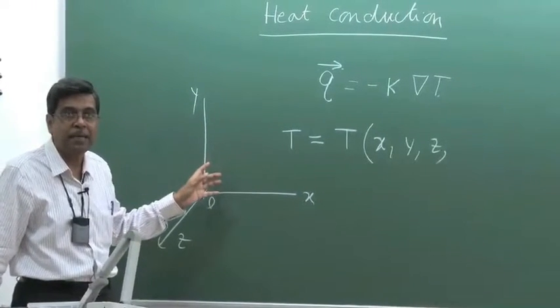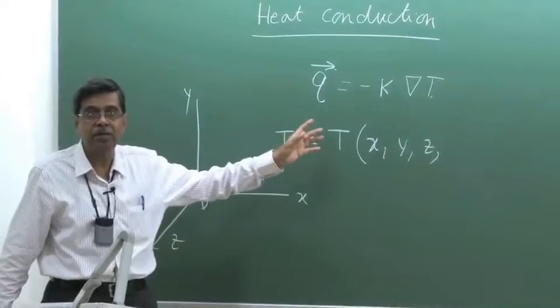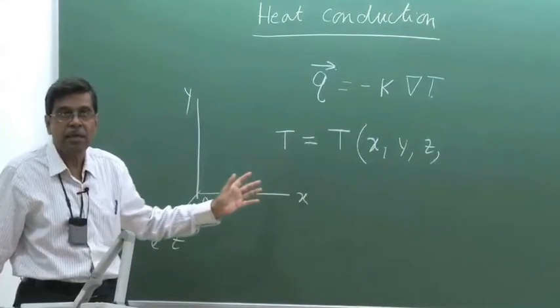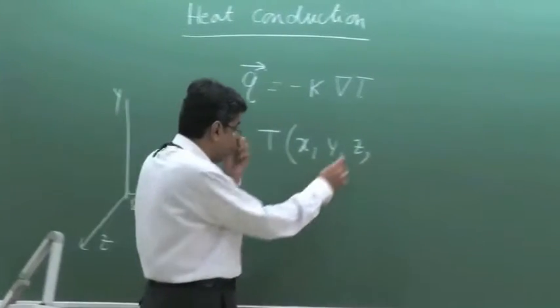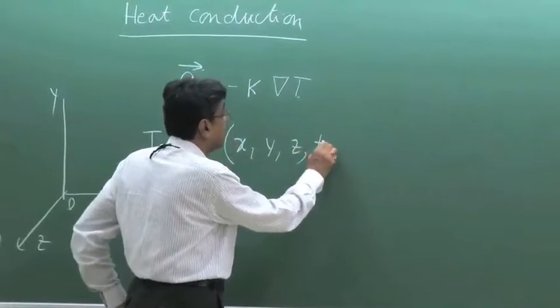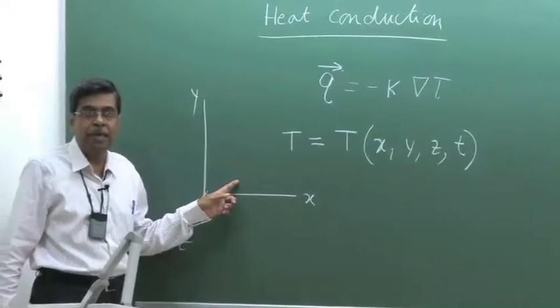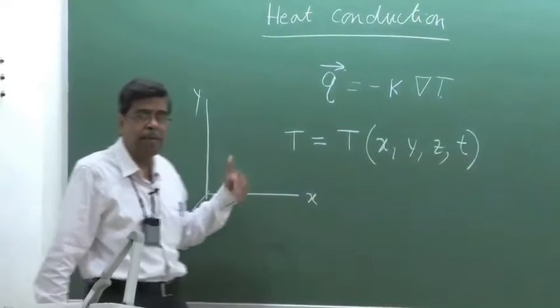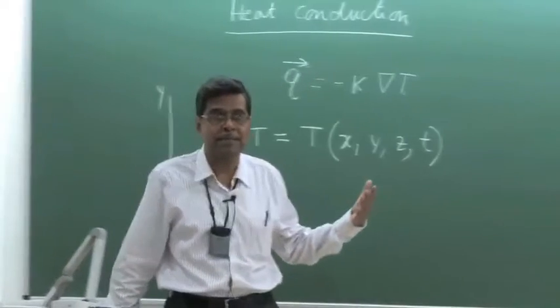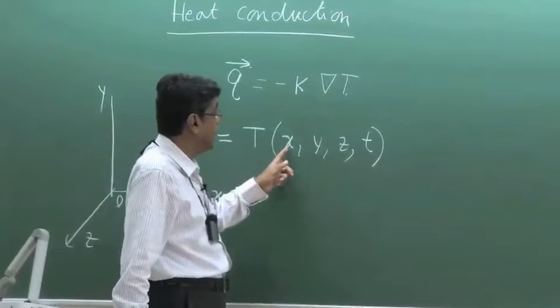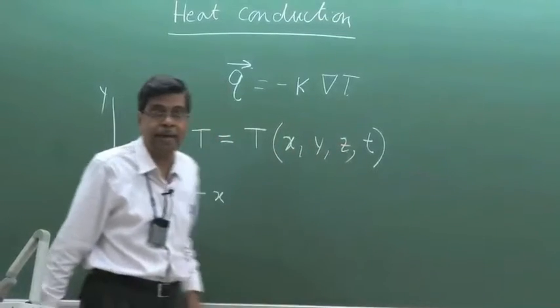So there is a temperature distribution with the space coordinates, and this distribution is also varying with time, that means a function of time. So in general, one can express temperature in a medium of heat conduction, or in any medium, but here we are discussing heat conduction, as a function of x, y, z space coordinates and time.